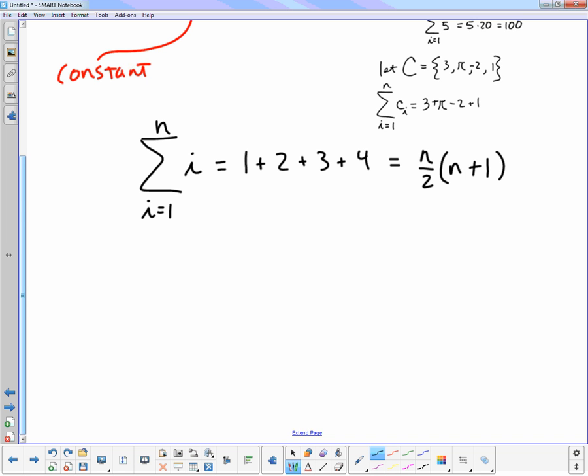Now, probably in about the second week of October, you're going to learn proof by induction, and you will learn why this is true. So here I'm adding up all my squares. Dang, that was wrong. There we go.